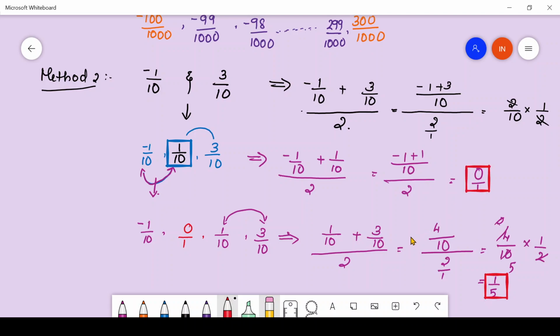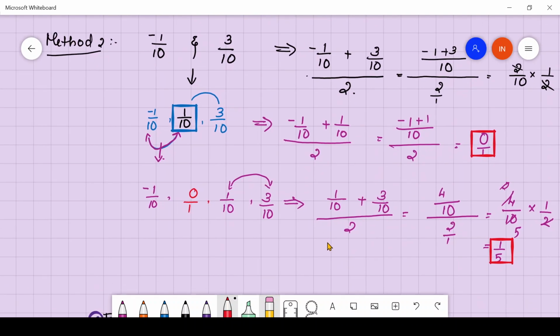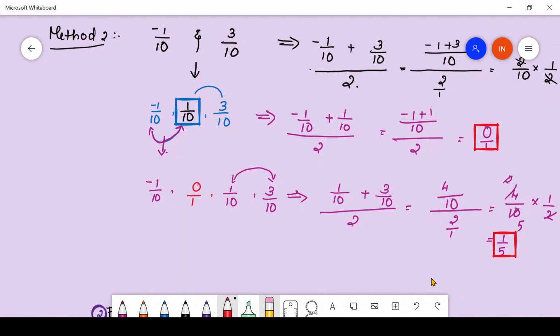Previously we got 0 by 1 also. So which all are the rational numbers now we got between those two given rational numbers? Yes, I'm going to write. We had negative 1 by 10 first. Then we found out which one? Yes, we found out 1 by 10, and between this 1 by 10 and negative 1 by 10 we have found out 0 by 1, that is 0.